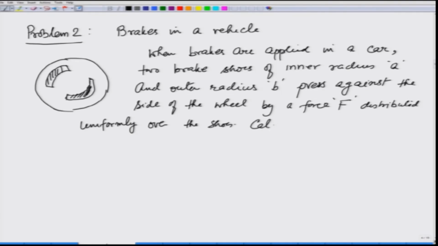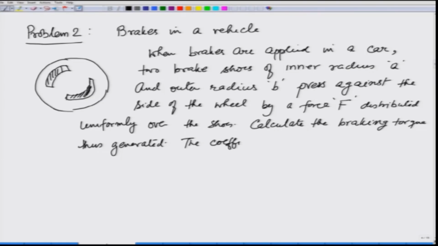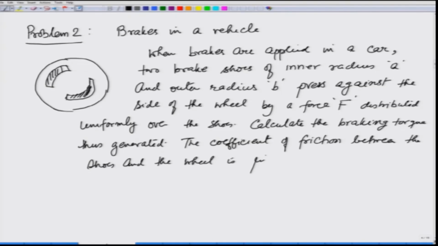Calculate the braking torque thus generated. The coefficient of friction between the shoes and the wheel is mu. So, you understand what is happening.